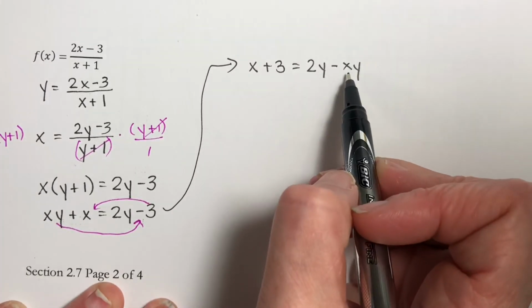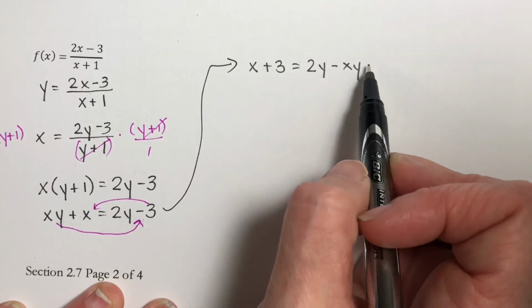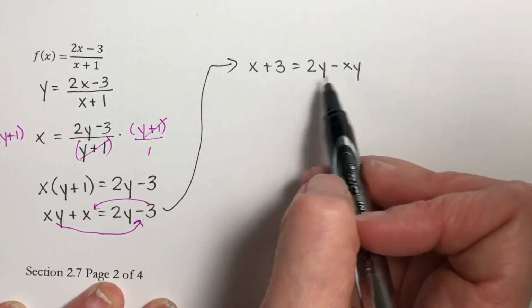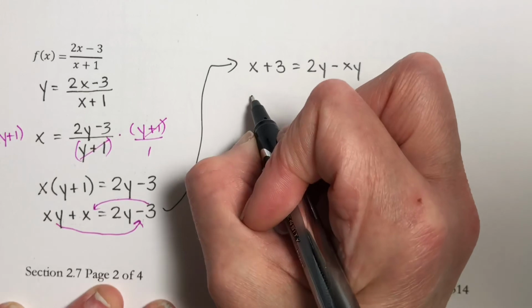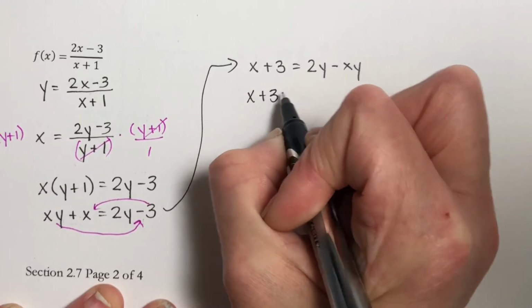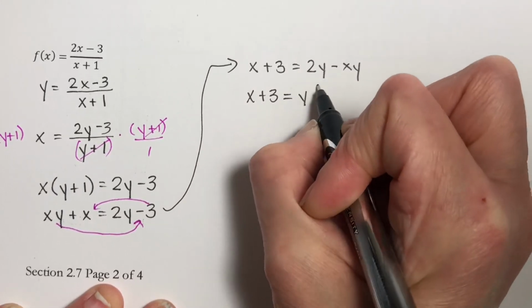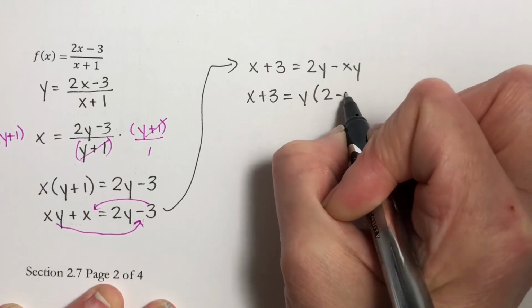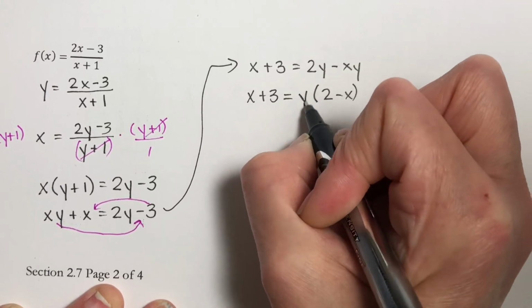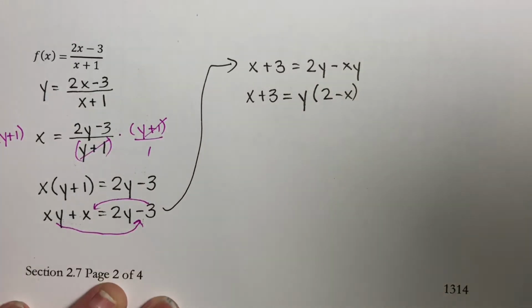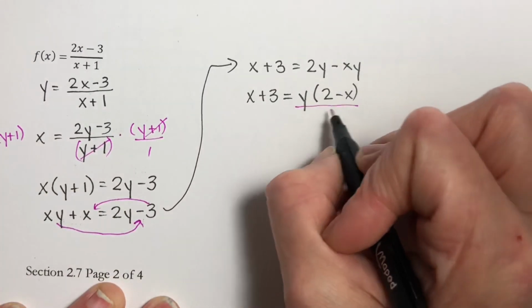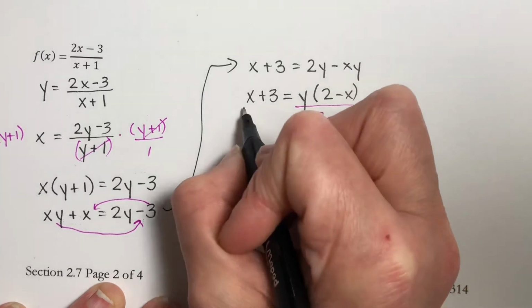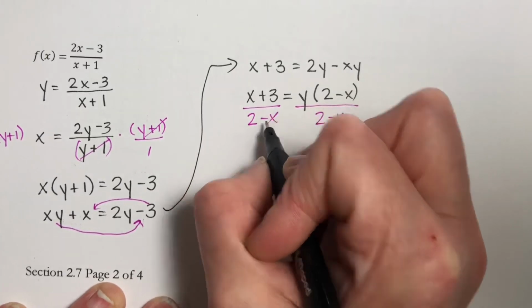Now, if I knew what this x were, I'd be able to combine like terms. But since I don't know, I need to factor the y out. So I have x plus 3 is equal to y times (2 minus x). Now I have a single y, which is what I wanted. So I'm going to divide both sides by 2 minus x.